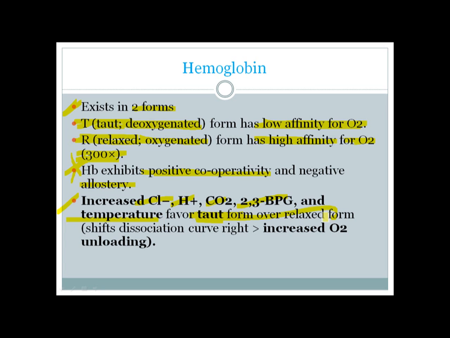And as you can remember from your oxygen hemoglobin dissociation curve knowledge, the taut form is the form that has a low affinity, and if there is a decrease in affinity for oxygen, the oxygen hemoglobin dissociation curve shifts to the right, or shifts in favor of tissue.